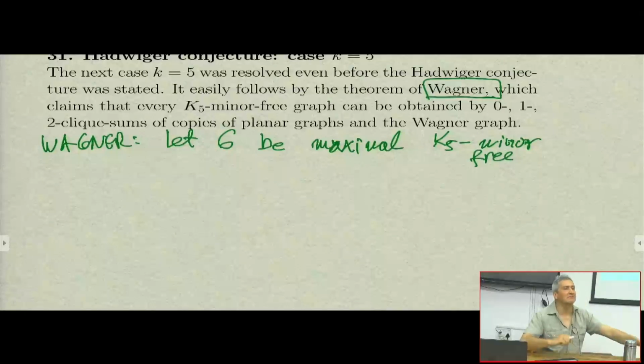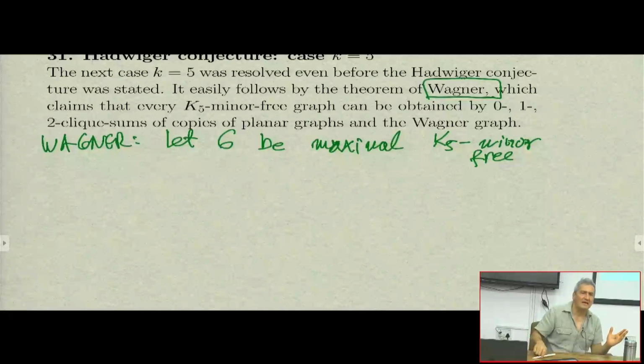What does maximal K5 minor free mean? This means the graph doesn't contain K5 as a minor, but whenever I add a new edge, I will get a K5 minor. You can always do that. Start with a graph which doesn't have a K5 minor. To obtain a maximal minor free graph, just take somewhere where an edge is missing and put it.